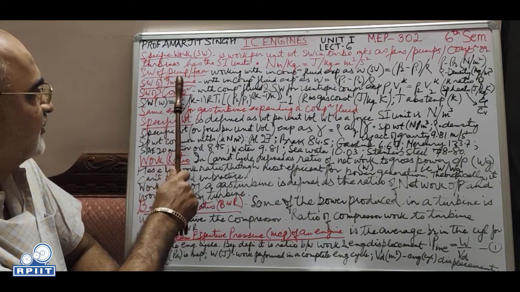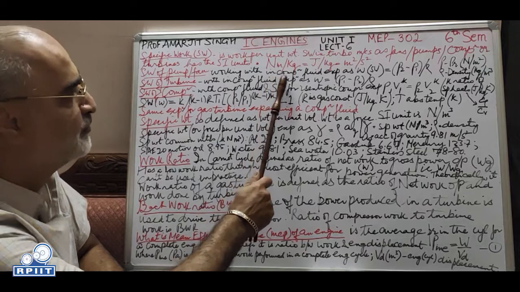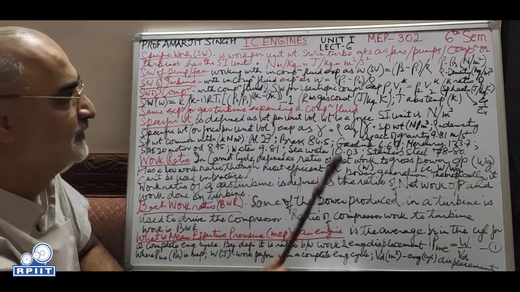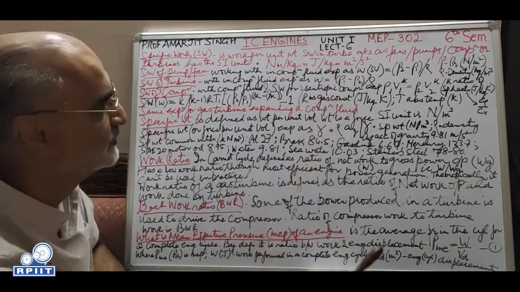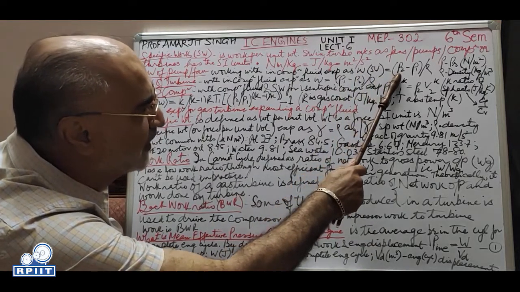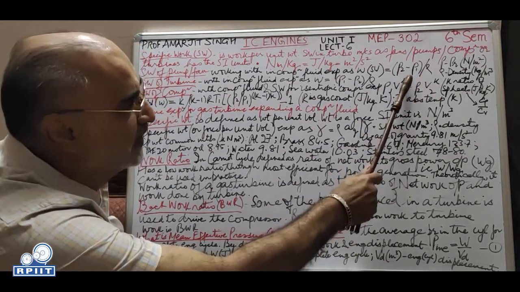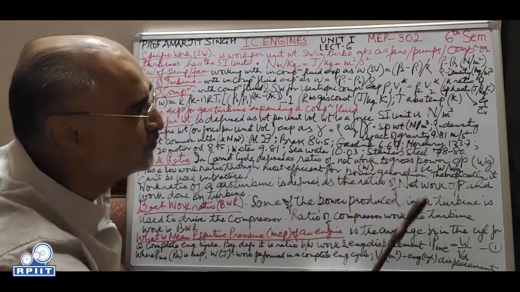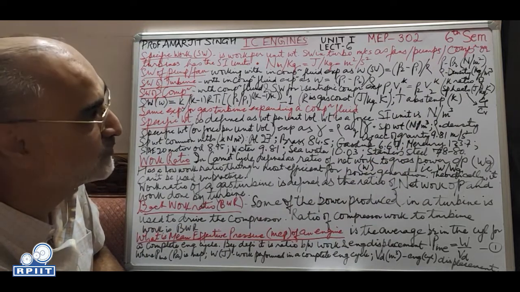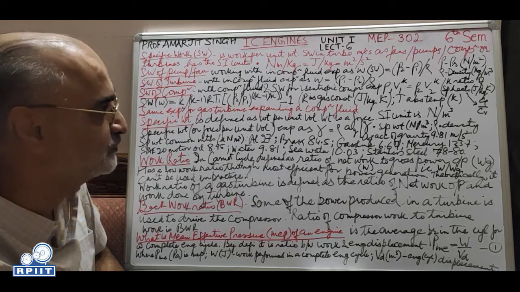Specific work of a pump or a fan working with an incompressible fluid can be expressed as: specific work is equal to P2, the final pressure, minus P1, the initial pressure, divided by rho, where P is the pressure in Newton per meter square, and rho is density, kg per meter cube.